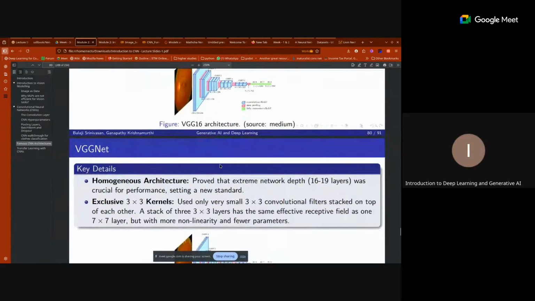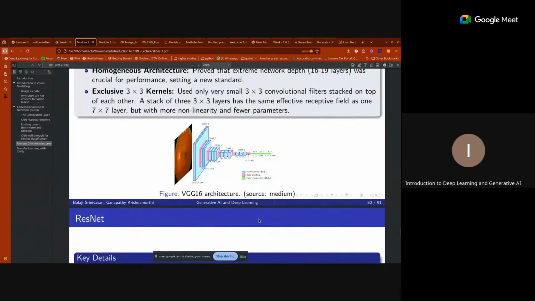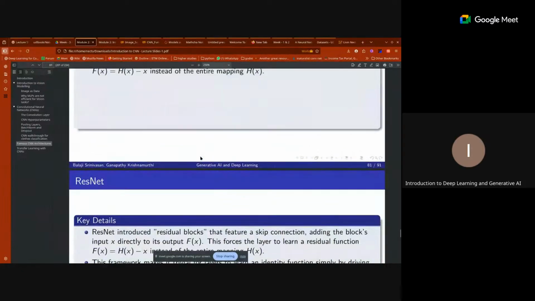And it uses 3 by 3 filters, right? And that is it. So it has fewer parameters by design. So that is one thing about the VGG16 architecture.